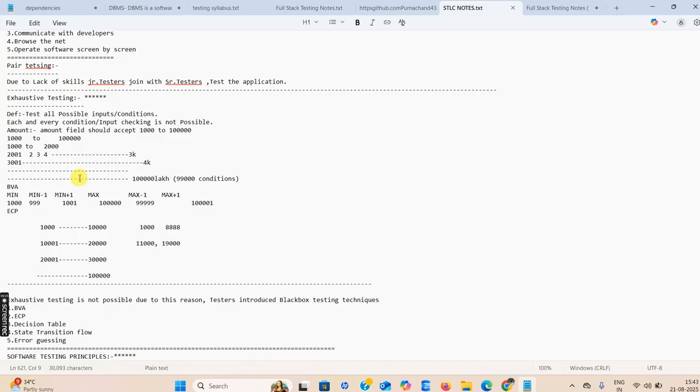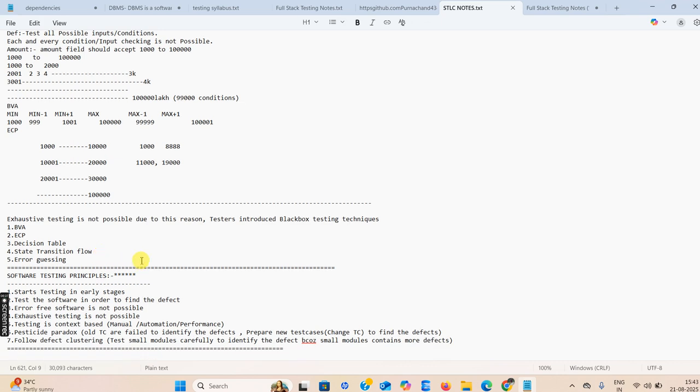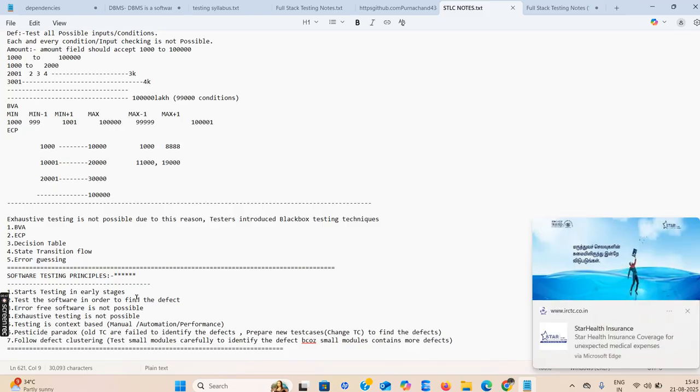Next, what are the testing principles? Software testing principles: first, start test execution in early stages. Then we test the software in order to find defects. Exhaustive testing is not possible, and error free software is also not possible. Testing is context based, meaning manual, automation, and performance.